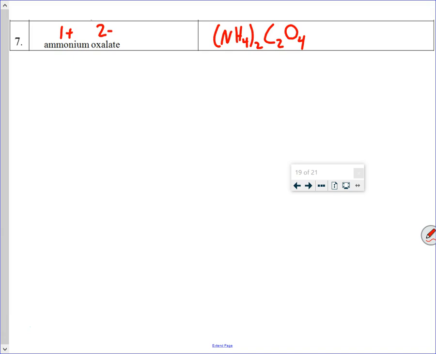Now, it's early on in the year, so if you write this formula like this, that's okay. It's not technically correct, and you wouldn't see it in a textbook written like that. But if you want to organize it just for the time being early on to show that those are both polyatomic ions, that's perfectly fine. We're going to have you get rid of that habit pretty quickly, but while we're learning, that's okay if you want to put both of them in parentheses.